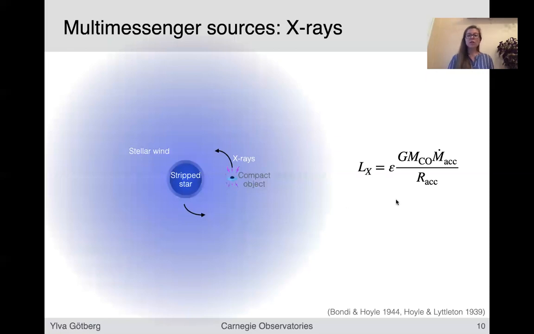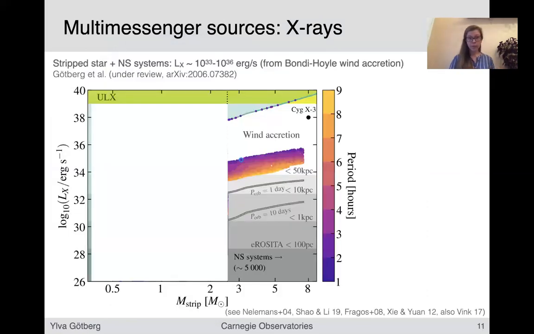And we can estimate the X-ray luminosity, assuming Bondi-Hoyle-Littleton accretion, in this simple way. So this diagram shows the X-ray luminosity on the y-axis as a function of the mass of the stripped star, which is closely linked to the wind mass loss rate of the stripped star.